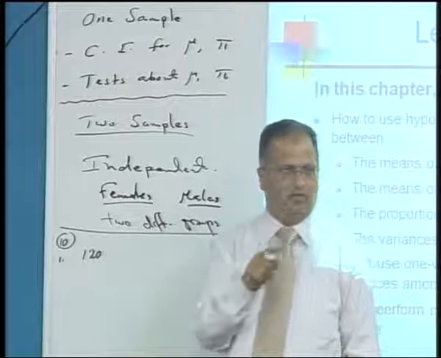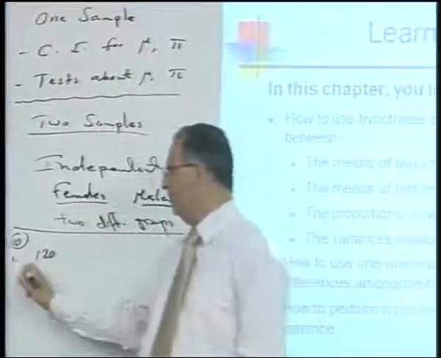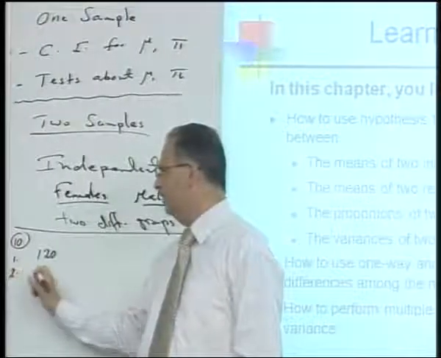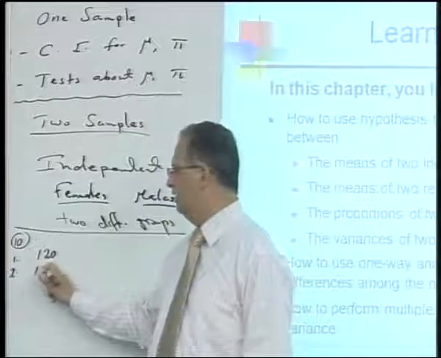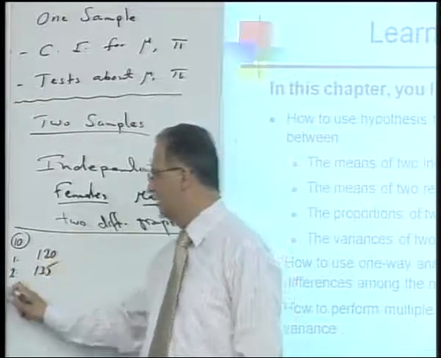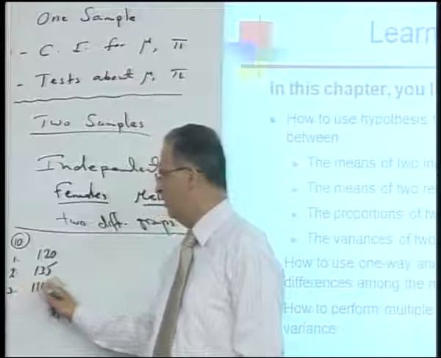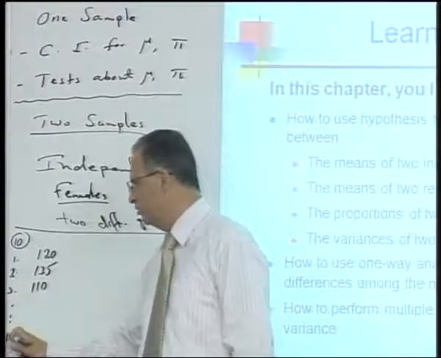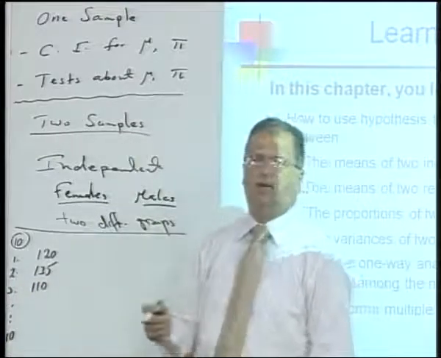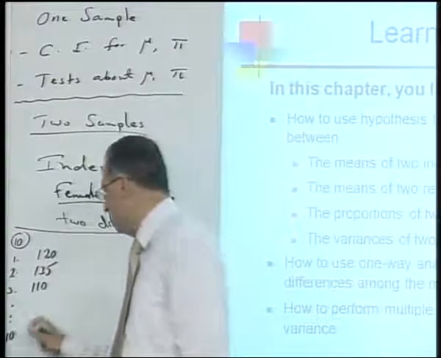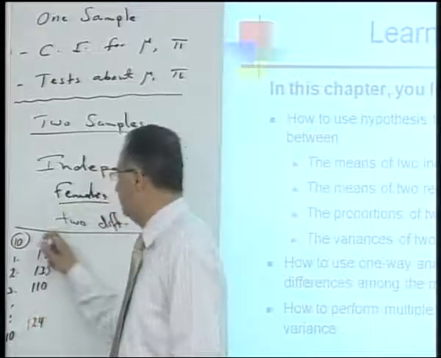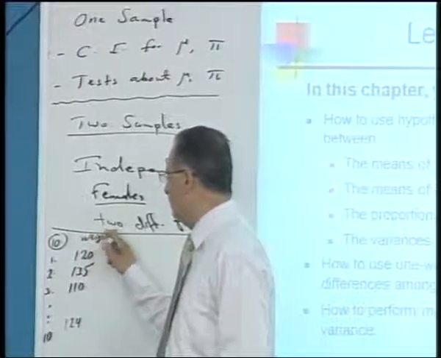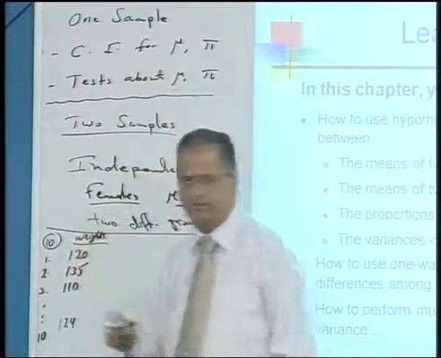The second person's weight is 135 kilograms. The third one, for example, 110. And suppose we have 10 persons. Suppose these are weights in kilograms.